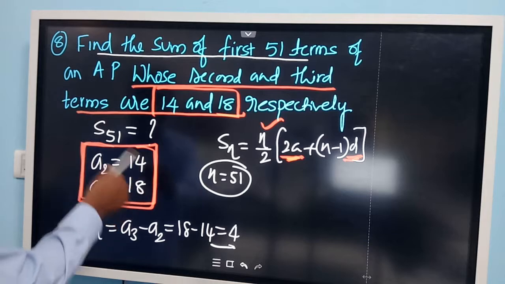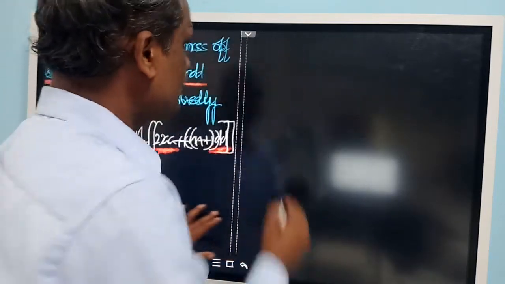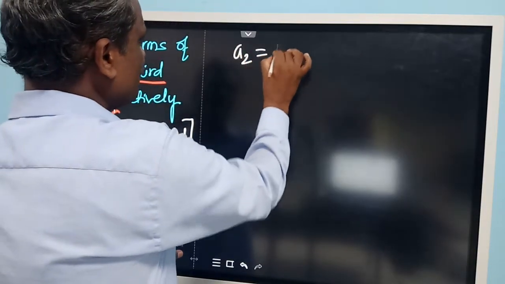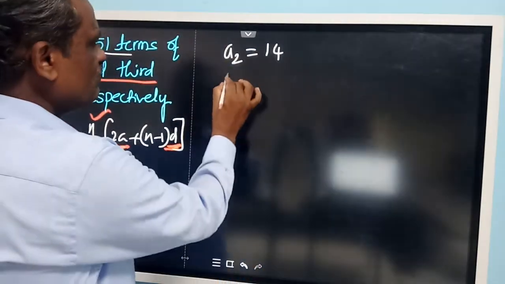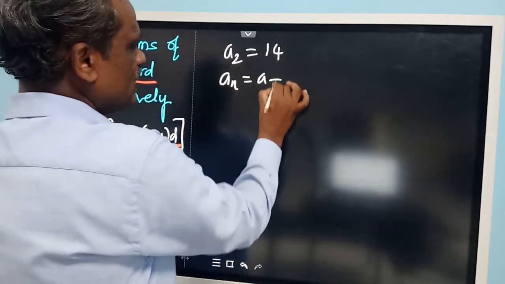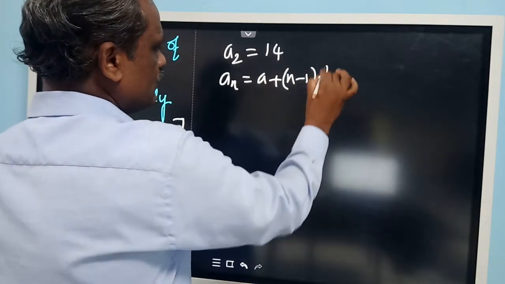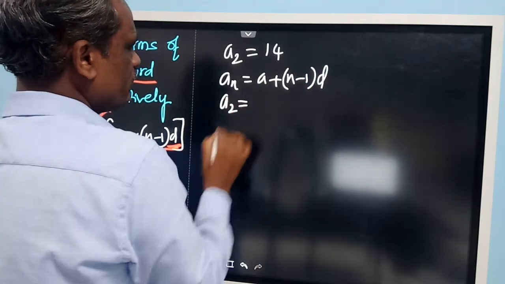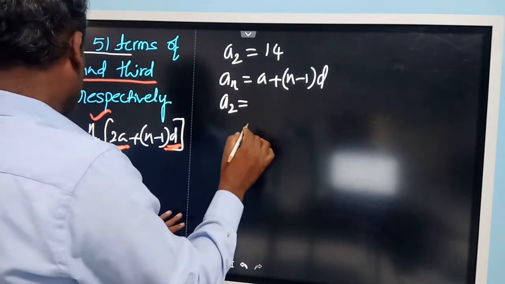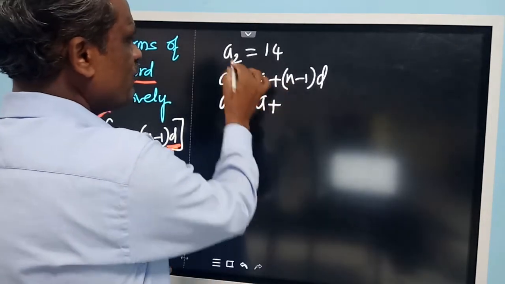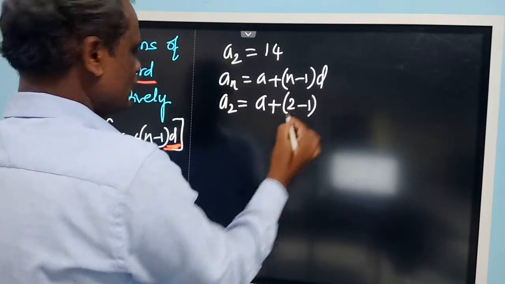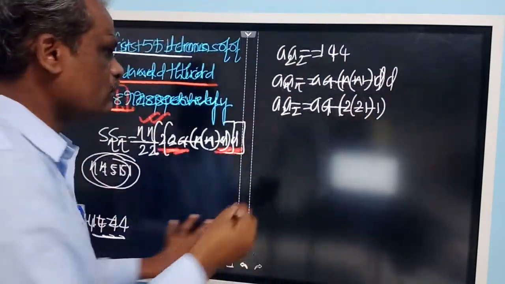Now use this formula. A2 is equal to 14, it is given. Now use the nth term formula: An is equal to a plus (n minus 1) into d. So A2 is equal to a plus (2 minus 1) into d. d we calculated, that is 4.